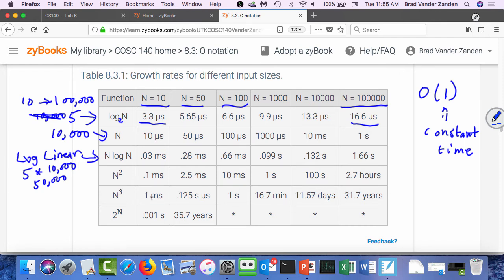For n equals 50, you're already up to 36 years. The number of atoms in the universe is smaller than 2 to the 100th power. It doesn't matter how fast your computer is, you're really not going to solve this anytime soon.